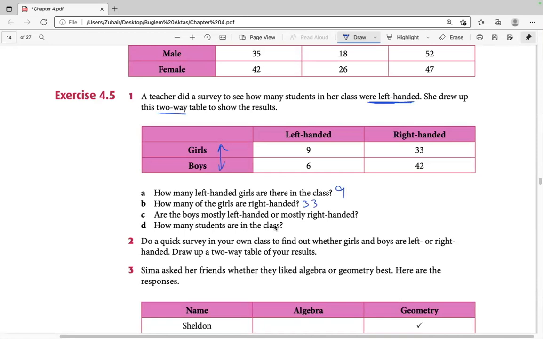Are the boys mostly left-handed or mostly right-handed? Right-handed. How many students are in the class? 90? 90 students.